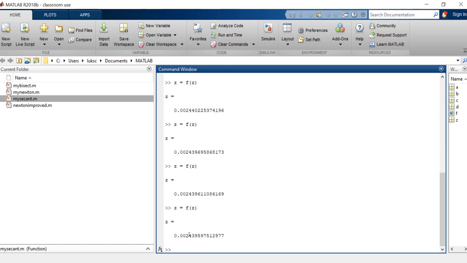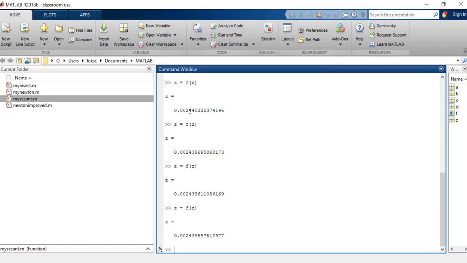So if I have something that I know will converge with successive substitution, I can use this, and it's really easy to do. It seems sort of overkill to write a program for this, but you can when you can do it so easily in MATLAB.